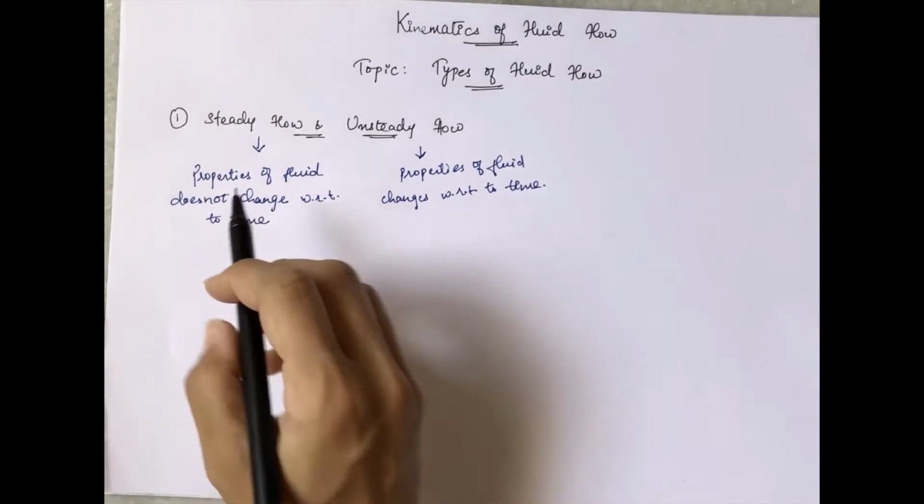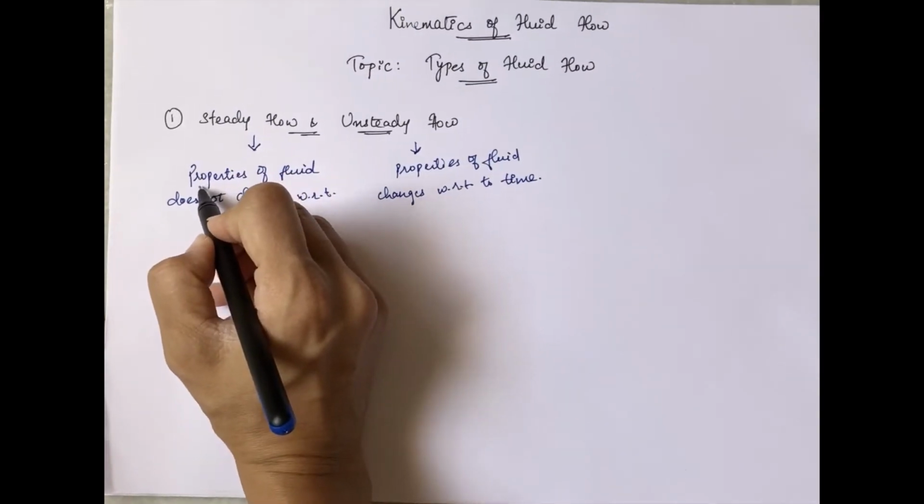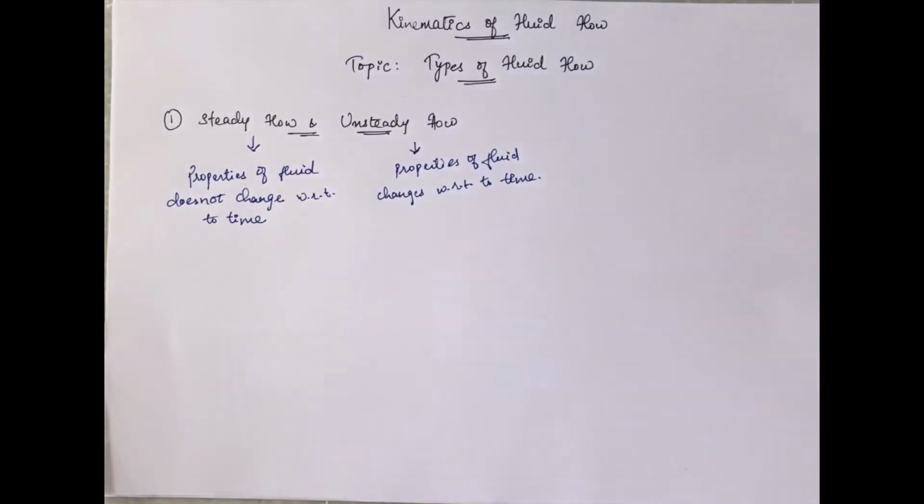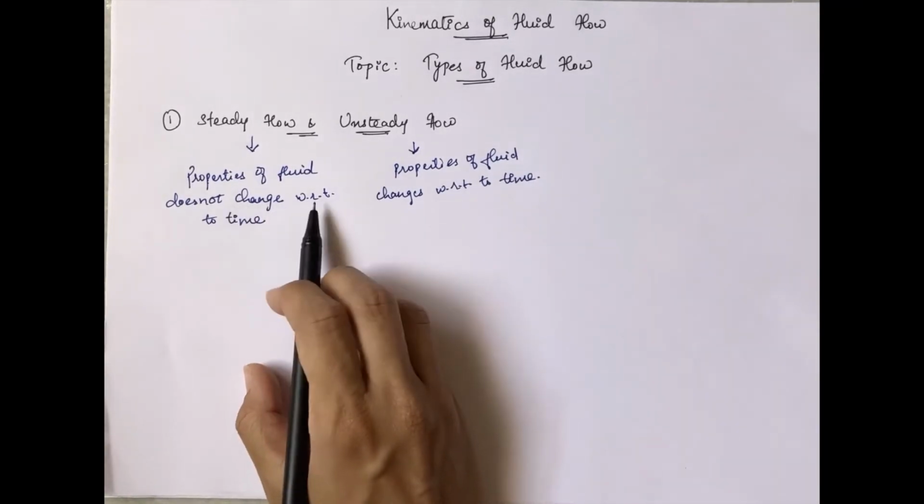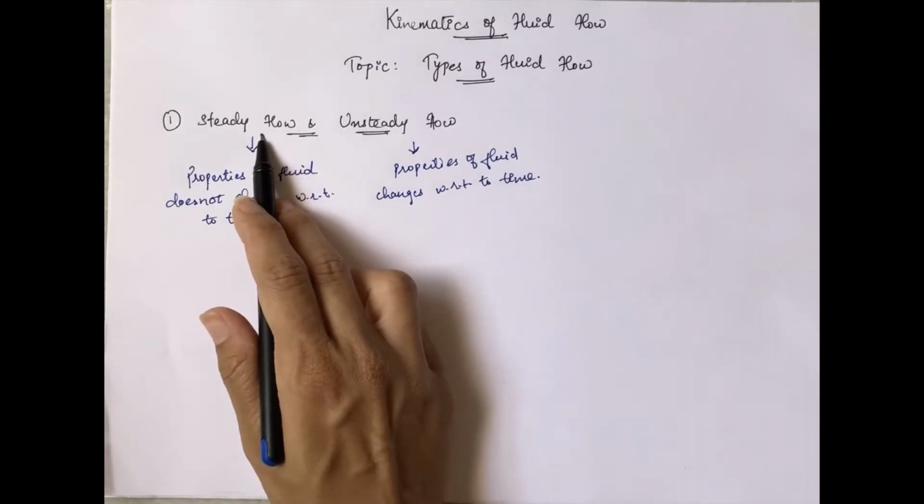We have discussed earlier what the different properties of fluid are. They include velocity, density, pressure, etc. These are the properties of fluid which are not changing with respect to time in case of steady flow.